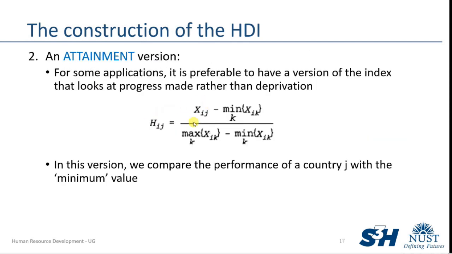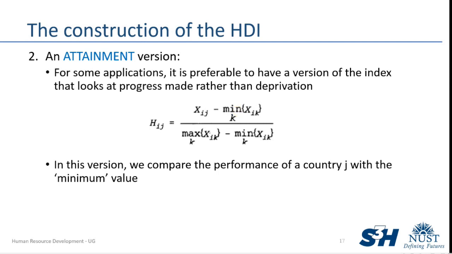The previous index told you how far you are from the leader. This index will tell you how much ahead you are of the poorest performing country. So you have to subtract, these numbers remain the same. You have to subtract for each country, let's say again for Pakistan, still using the same example. If Pakistan has 14 years of education, subtract 4 from it, because in my example there was some African country with 4 years of education.